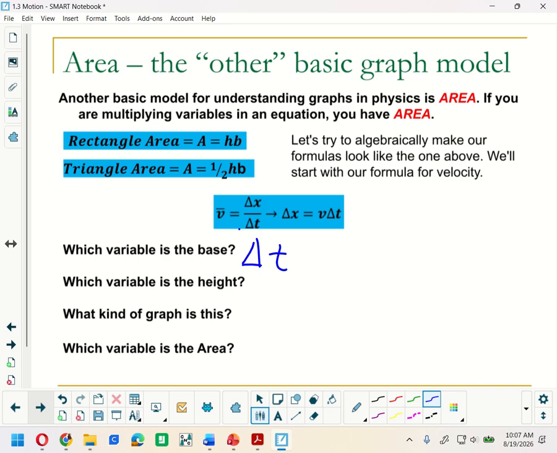This one's going to be my velocity, my average velocity. What kind of graph is this? This is a velocity graph, which you can identify because a velocity graph is a change in position over time.